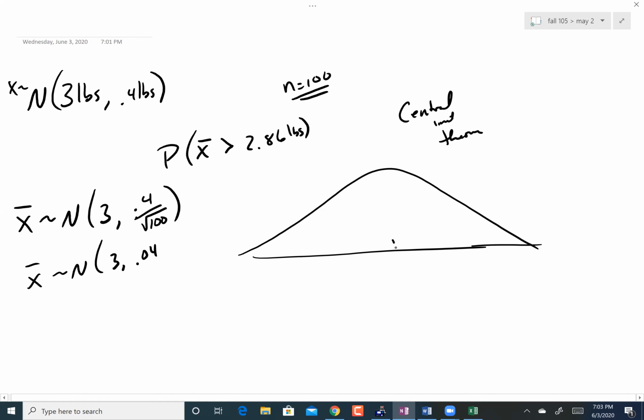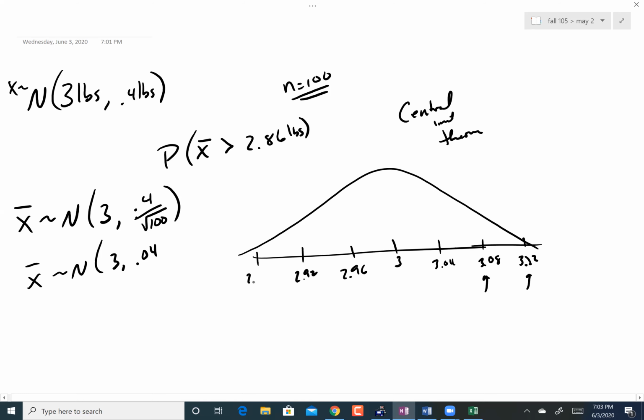Okay, here's 3, 3.04, 3.08, 3.12. In other words, nobody is really bigger than 3.12. Remember, this is the welcome to Freakville sign, and you can be a little freaky and live in Freakville. Only really oddballs need to fly beyond here, okay? There's almost no chance of that.